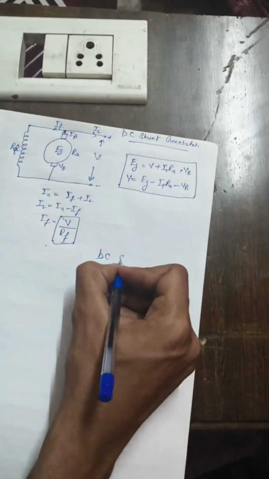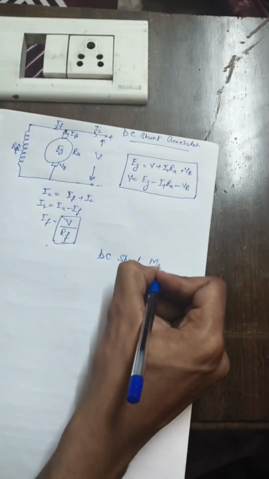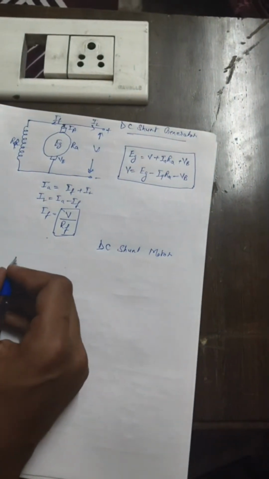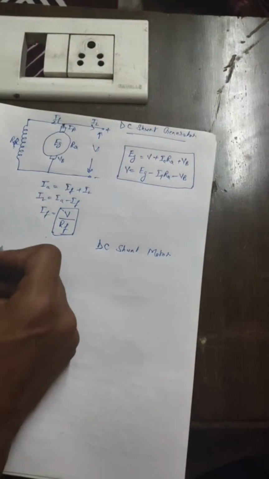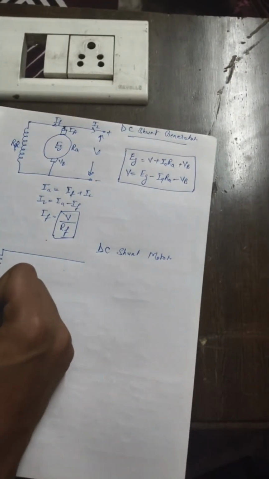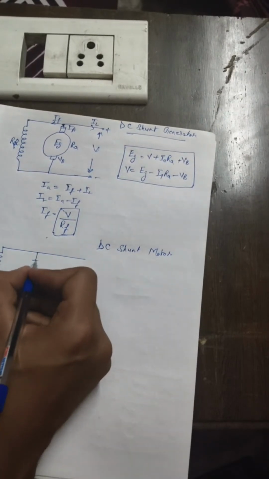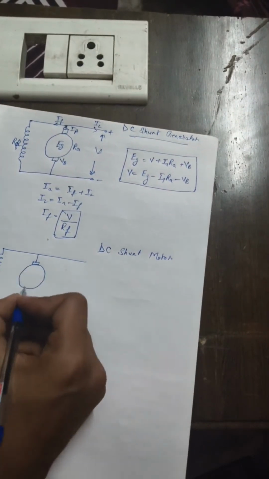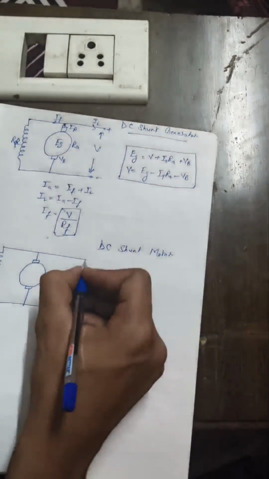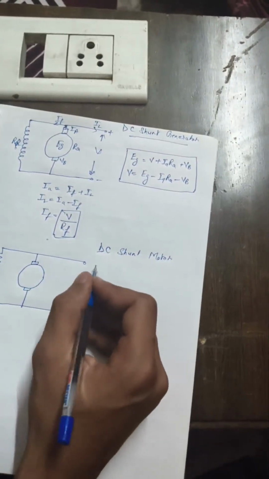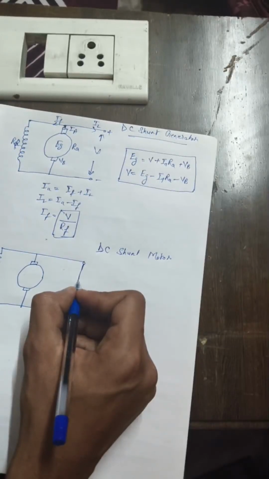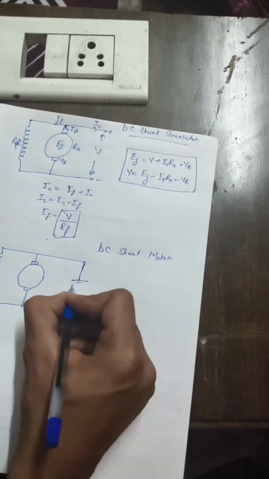And now the DC shunt motor. Sorry guys. The DC shunt motor has the same diagram, or same configuration. The difference is that it is connected with a battery source.